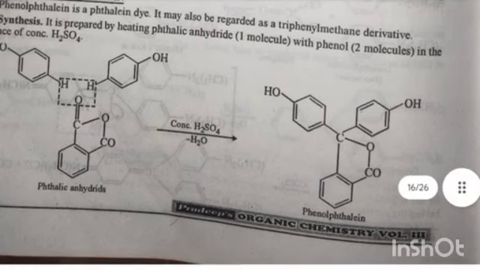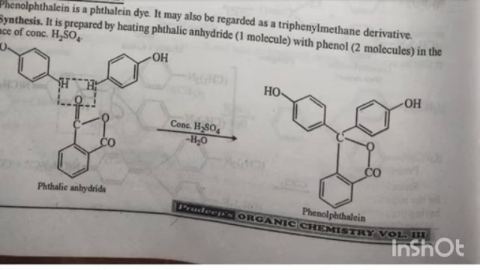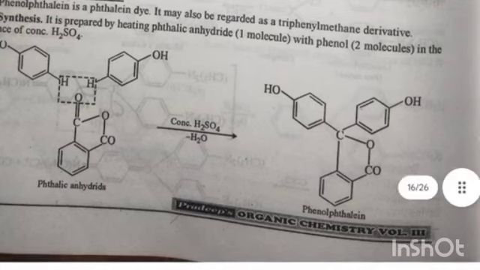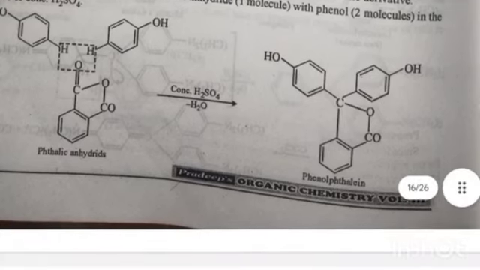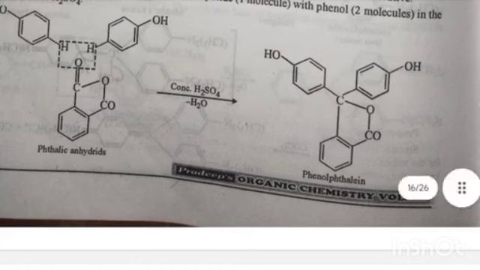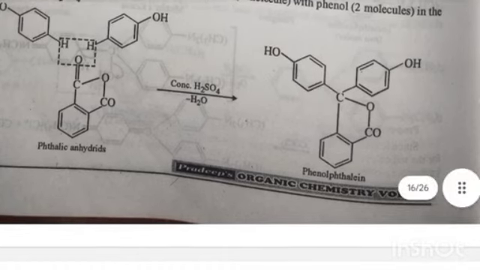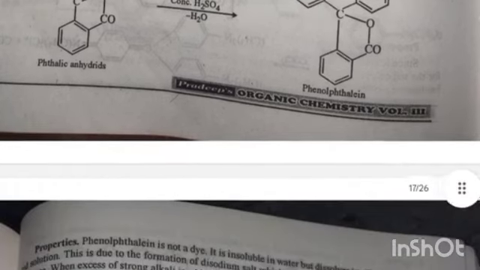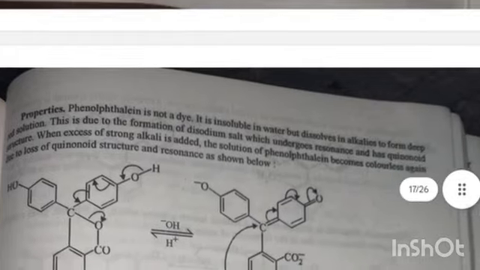It may also be regarded as a triphenylmethane derivative. Synthesis: it is prepared by heating phthalic anhydride with phenol in the presence of concentrated H2SO4. Then phenolphthalein is formed as a product.